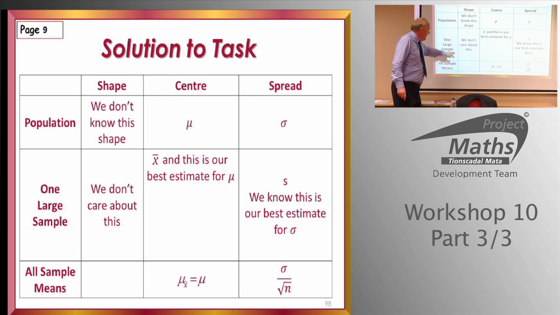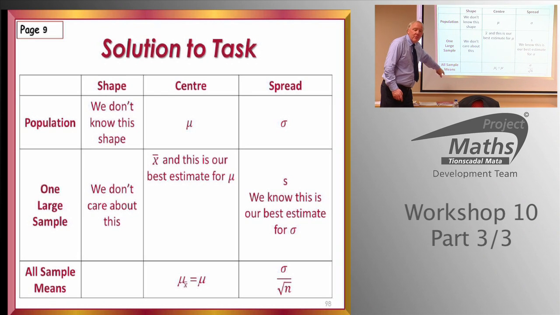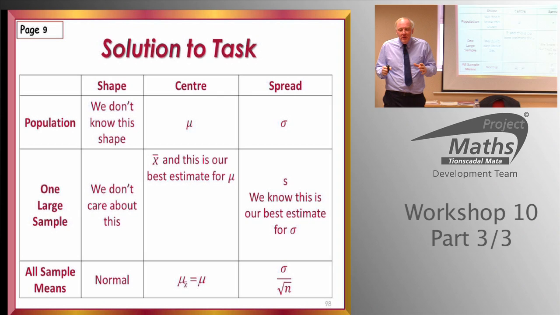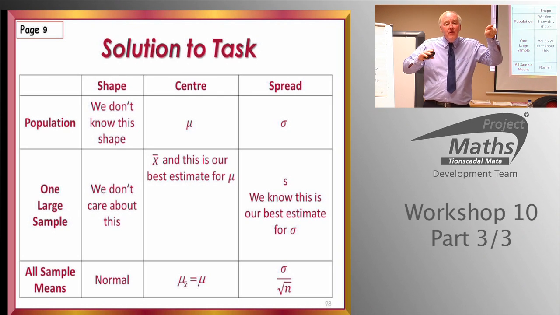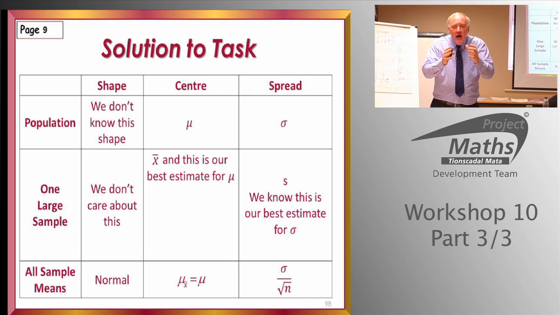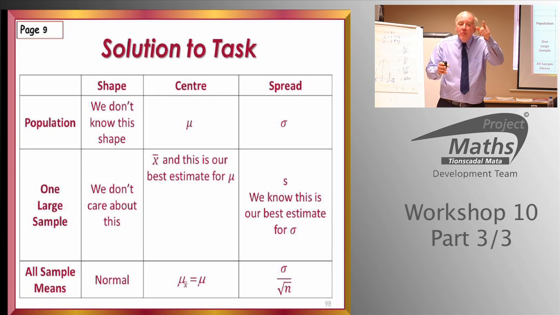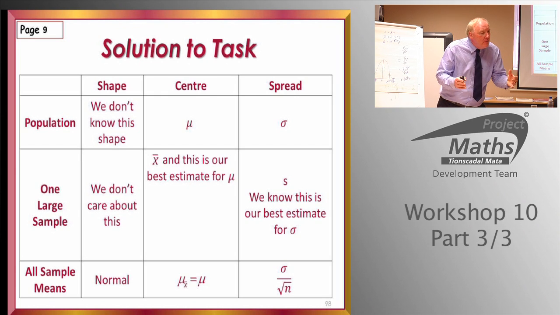I know that down here, all the sample means, and this is the crucial one, this will have to be normal. Even if I start off with a uniform distribution and get the means, I'll always end up with the sampling distribution being normal.